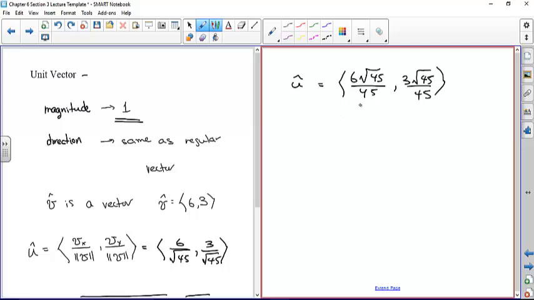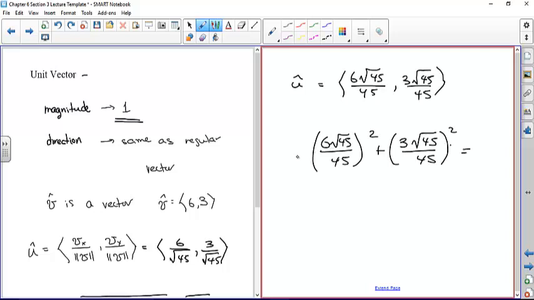You're going to take this one squared plus the second one squared, and then take the square root of that.